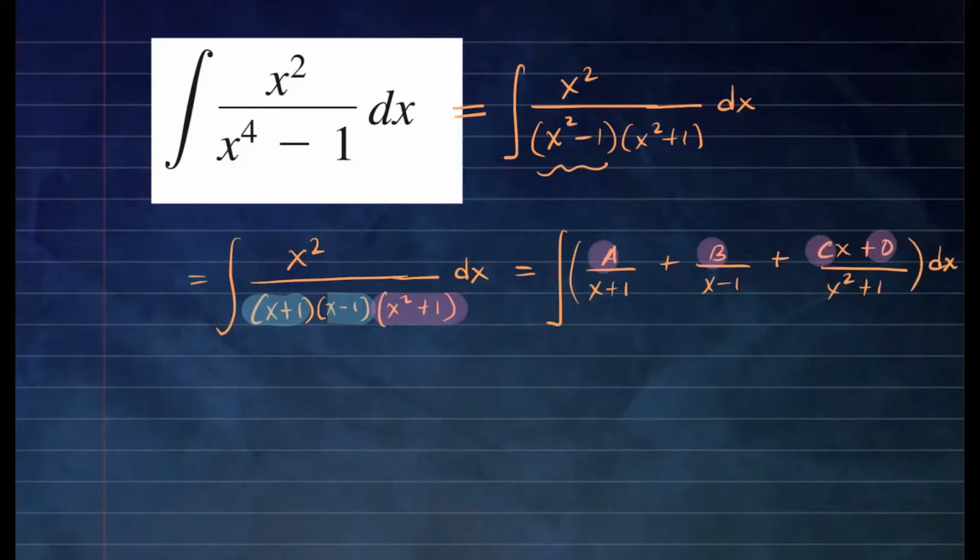So let's dive into how to solve for these coefficients a, b, c, and d. Multiply both sides of this equation by the LCD, which would be this denominator right here.